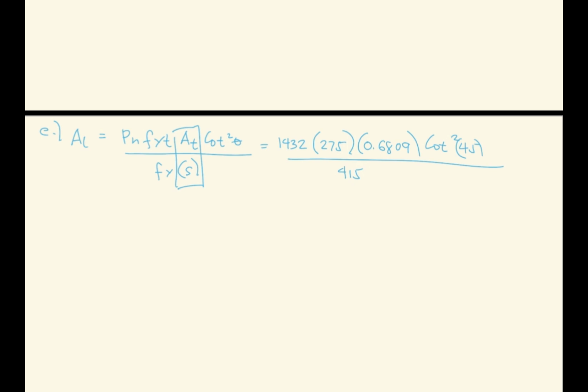Now this will give us Al as equal to 646.09 mm squared.